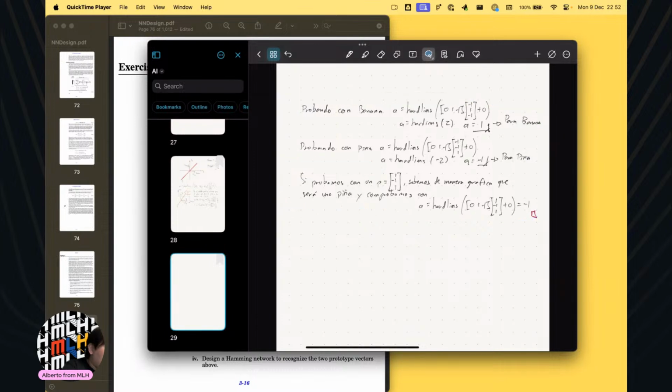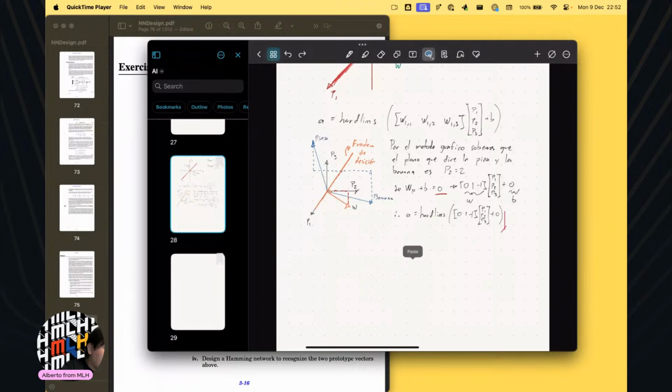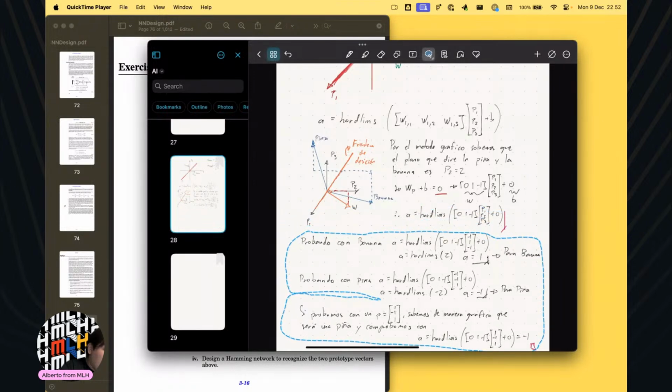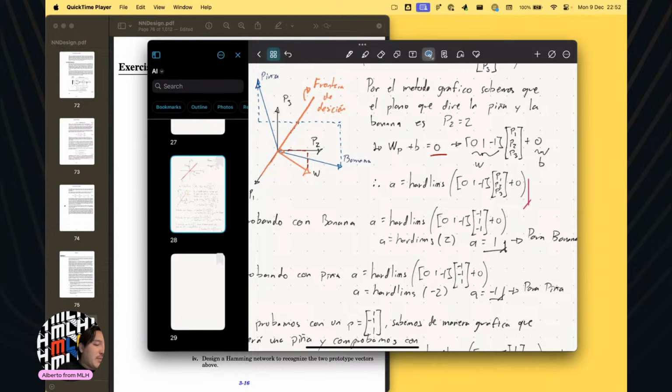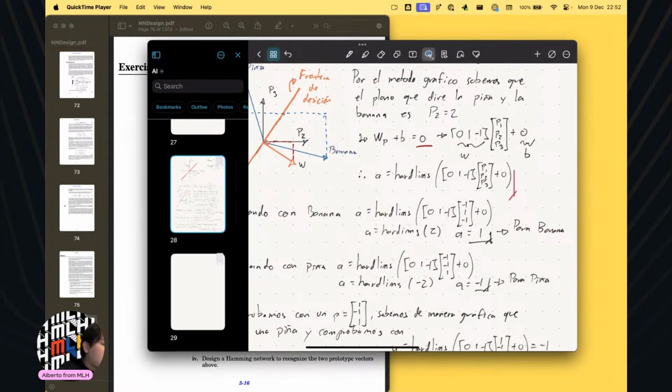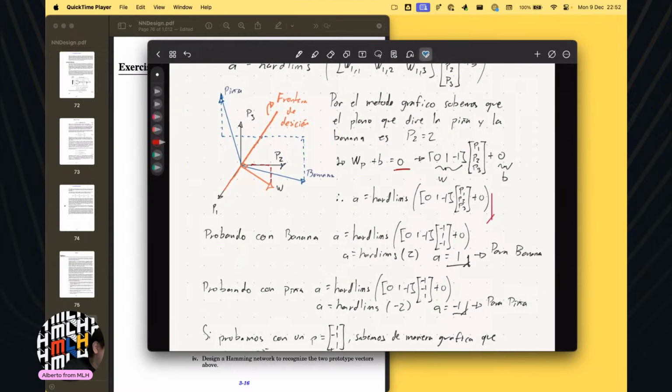Oh, well, no, it's not necessary. It fits well here. We test with the banana values, same weight matrix, same bias.